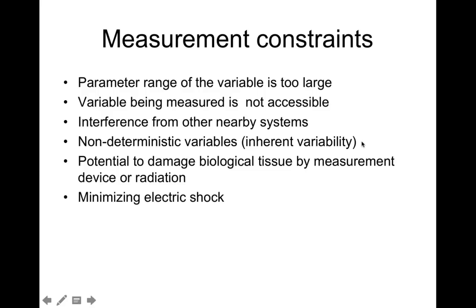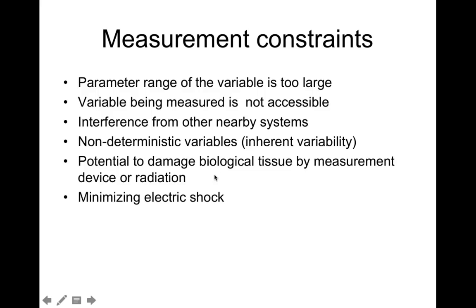Non-deterministic variables or inherent variability. So in that case, that would be just the statistical nature of what you're measuring. Most things in the body, most signals in the body are measured as being stochastic or statistically driven processes. Potential damage to biological tissue by measurement devices or radiation.